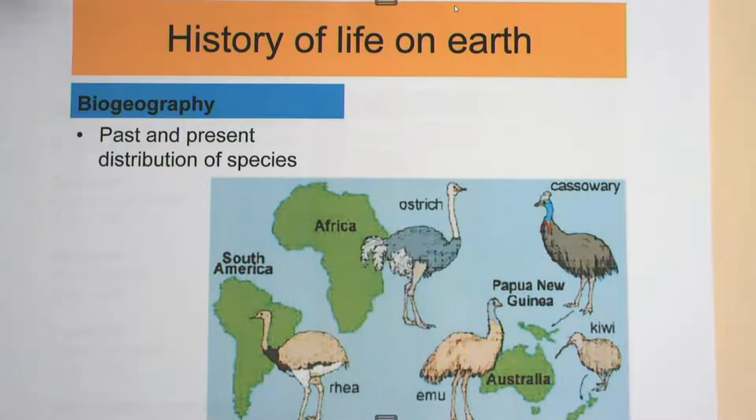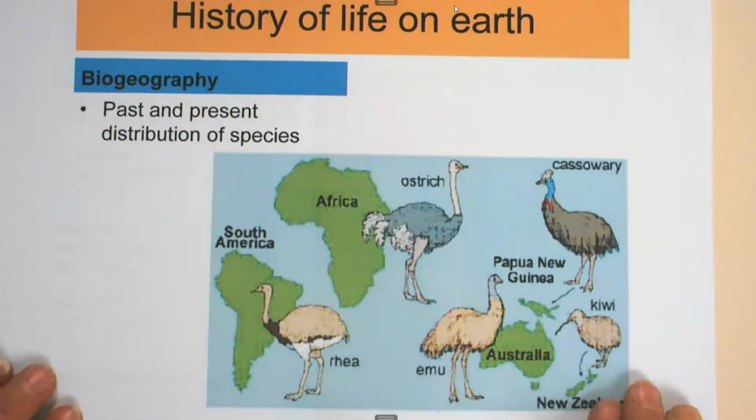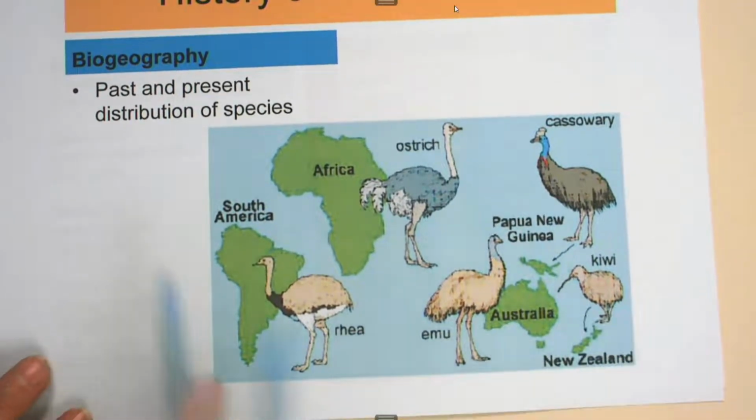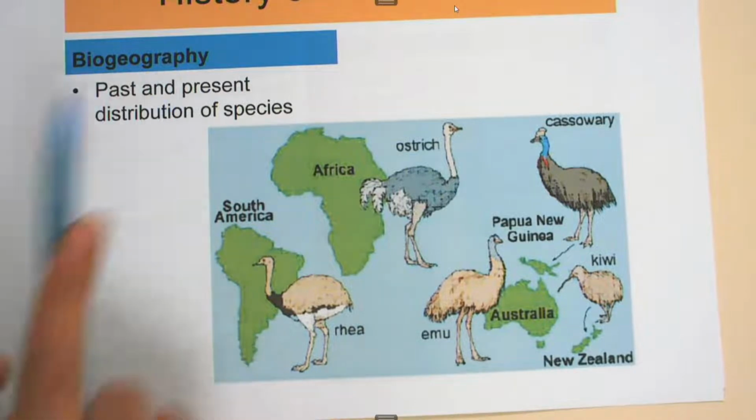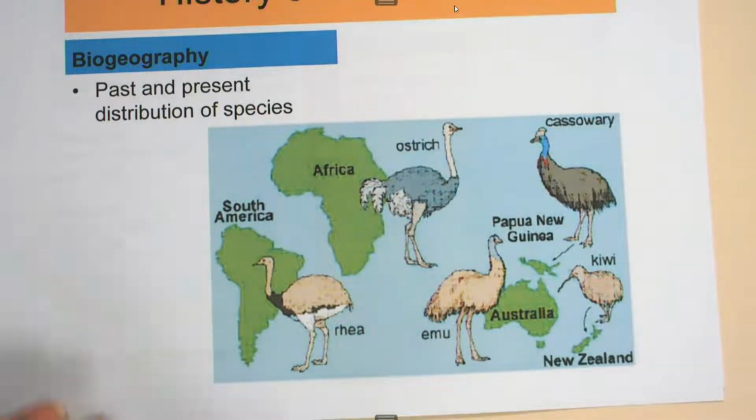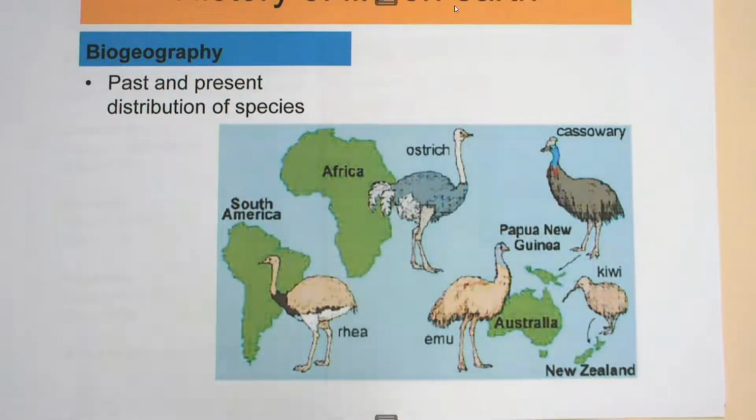All right. Another thing, biogeography. Bio meaning biology, geography, earth, plants, animals. So when you look here, they show us the past and the present distribution of species. All of these birds are flightless birds, meaning they have feathers but they cannot fly.